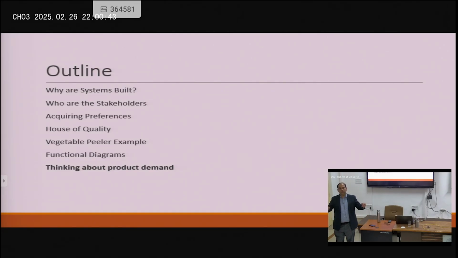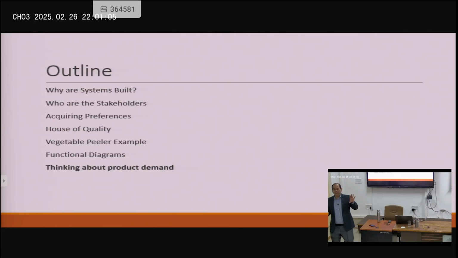So think of it this way: customer wants this, I make it, but there's millions of customers, right? So how do I make something that millions of customers, or at least some large portion of them, will buy? So now I have to start thinking about demand. And some people have actually come up with a holistic model where they say that, okay, I can have a demand model that I assessed.